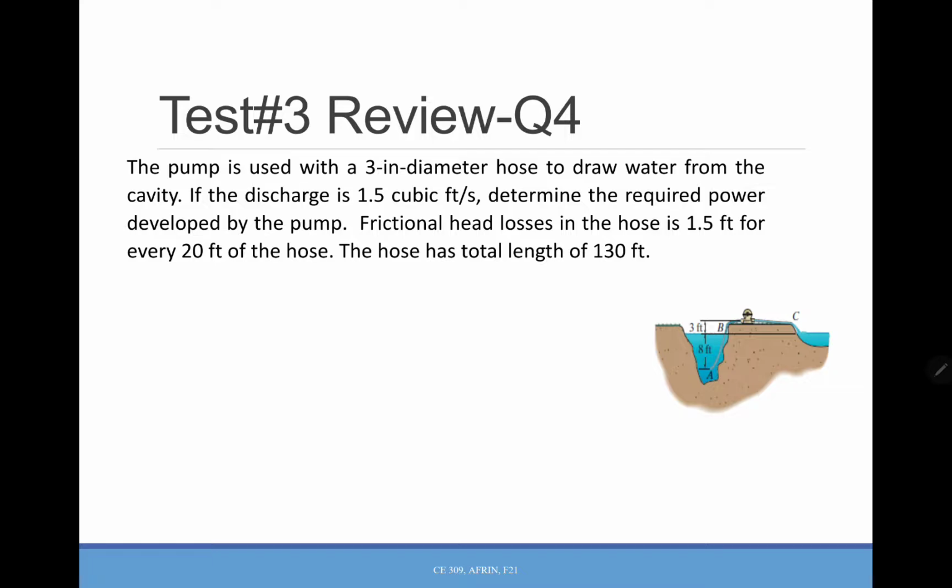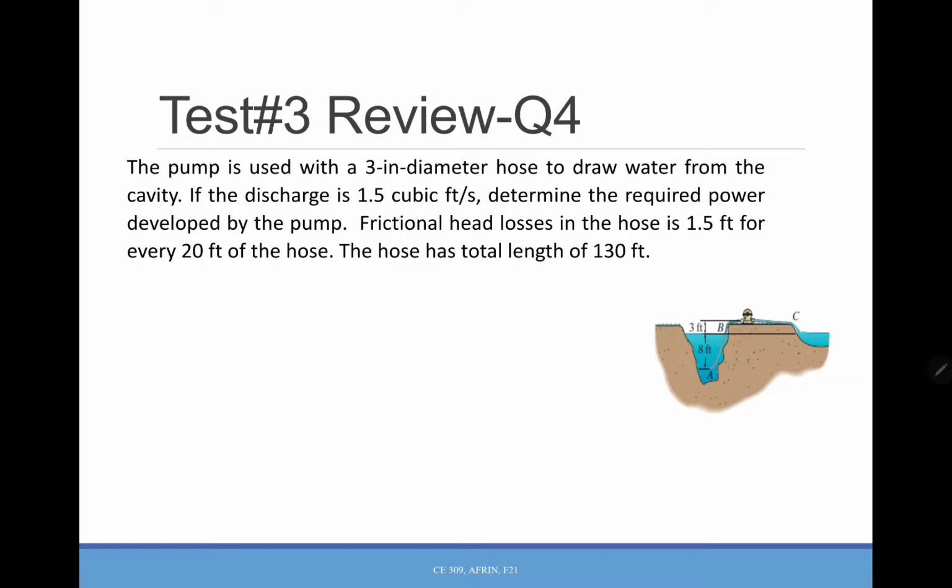This one is pretty much similar to the very first problem. You need to apply the energy equation between B and C. For question number 1, there was no head loss or frictional loss, but here we have some frictional loss, so we have to consider that.